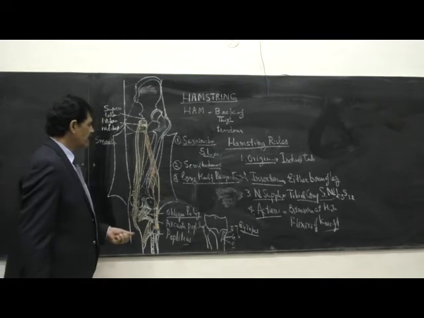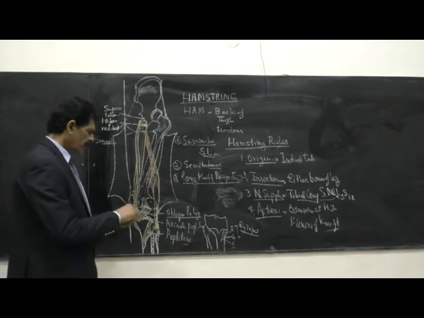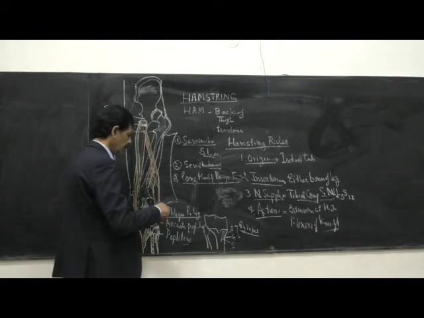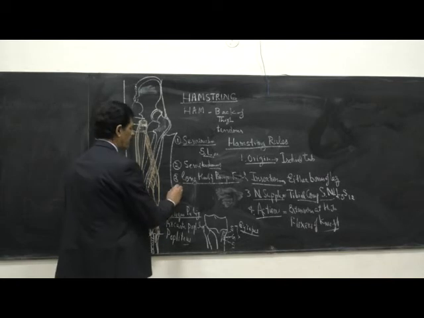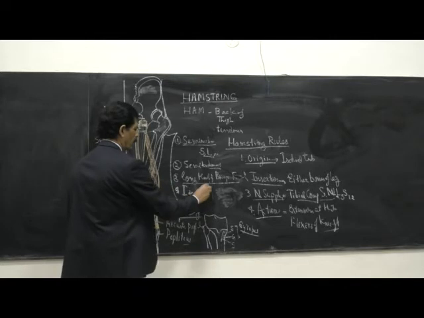Then comes the last muscle of the hamstring group, that is called the ischial head of adductor magnus.